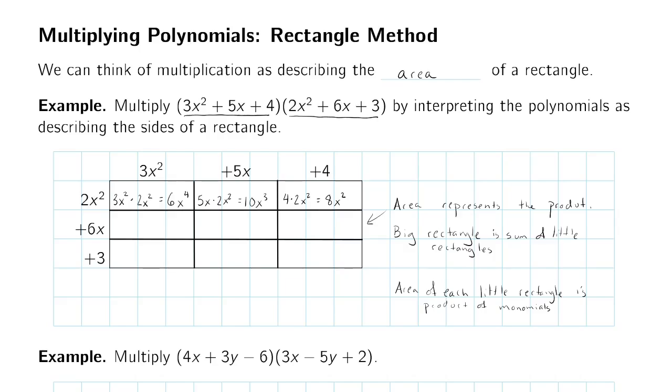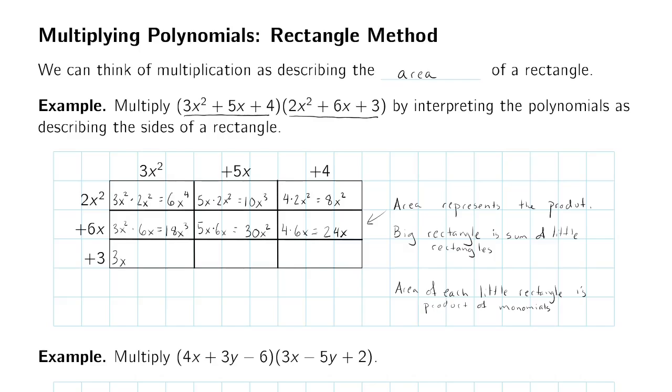This rectangle has width 3x squared and height 6x. So its area is 18x to the 3rd. This little rectangle has width 5x and height 6x. So its area is 30x squared. This little rectangle has width 4 and height 6x. So its area is 24x.